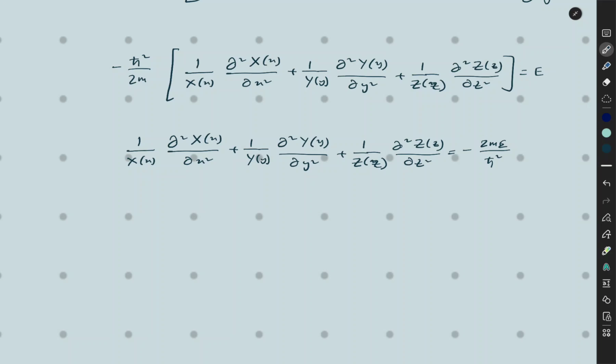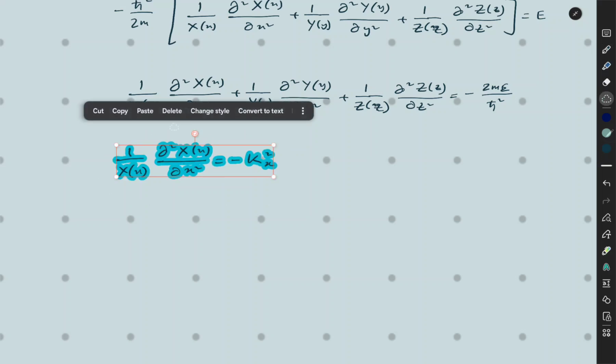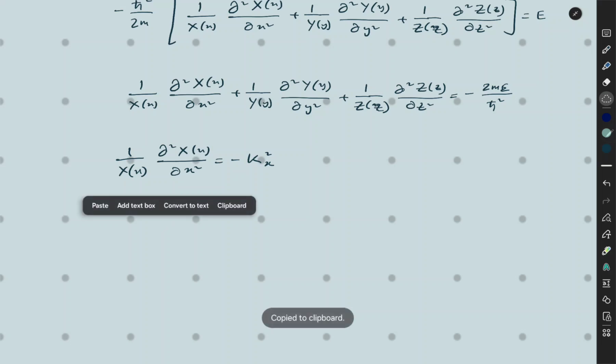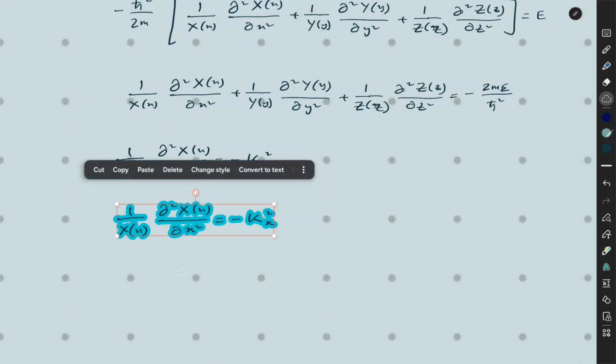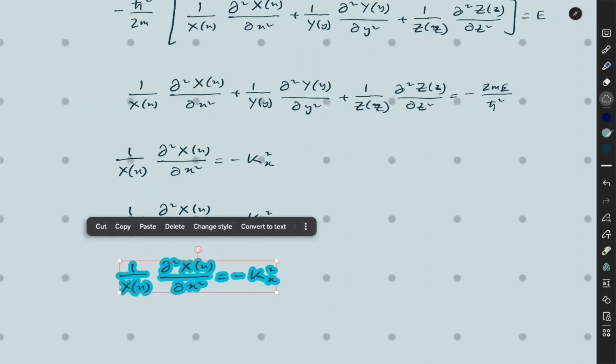So it is becoming 1 by X of x del 2 X of x upon del x2 equal to minus k suffix x whole square. And similarly, just copy this one, and now we'll change these things.